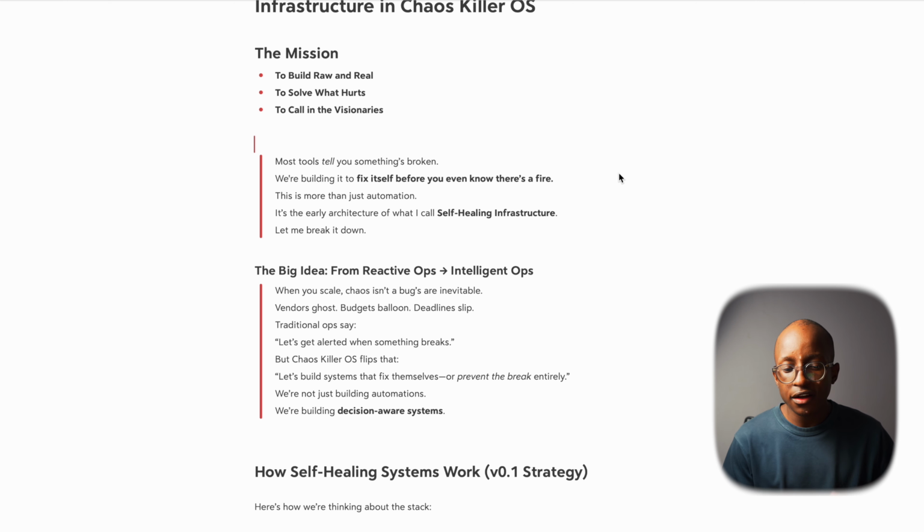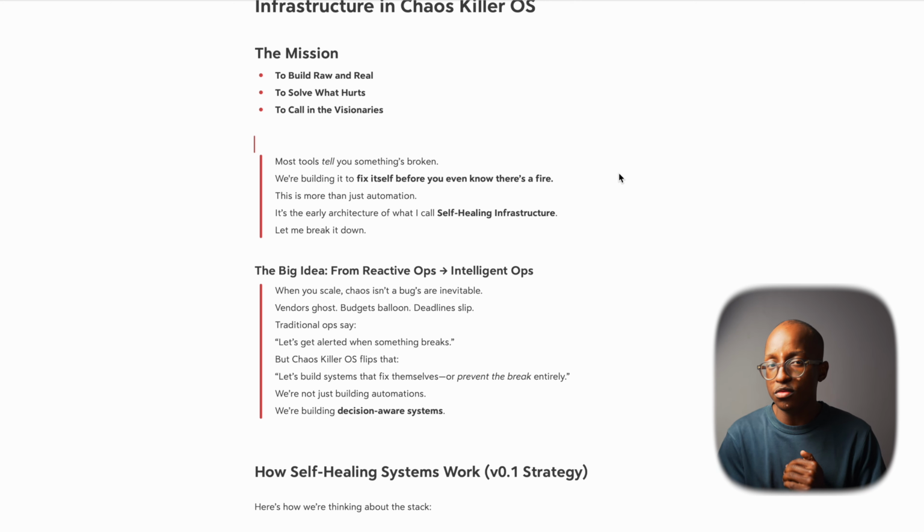Traditional ops says let's get alerts before something breaks or when something breaks. We're turning that into building systems that fix themselves or prevent the break entirely. How can we actively solve this break, or build for it before it actually happens, and make it self-healing so it gives our clients the full control they need over their ops infrastructure, which is going to be a super hard problem to solve.